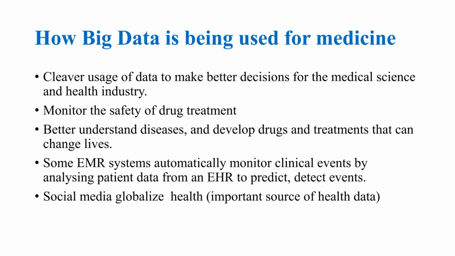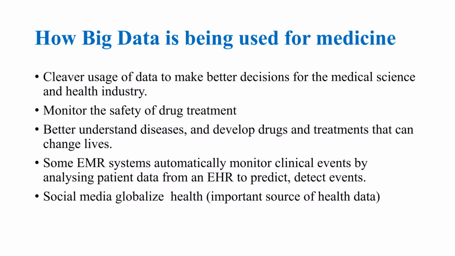All the newly evolving diseases, for example COVID, or different kinds of viruses which are not known yet, we can see their development phases, and everything can be tracked using big data analysis. Some EMR systems automatically monitor clinical events by analyzing patient data from EHR to predict and detect events.